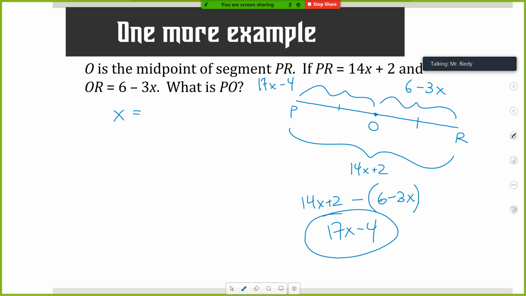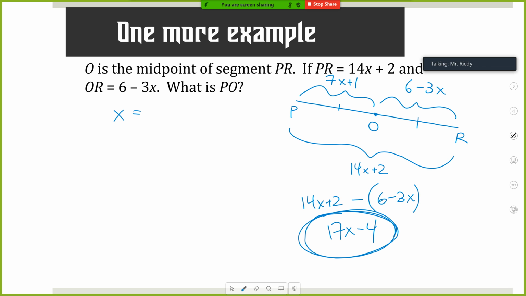How long is PO other than 17x minus 4? It's half of PR. Perfect. So I could say it's 7x plus 1. Right? Awesome.